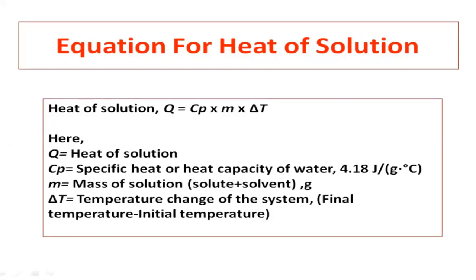It is 4.18 joule per gram per degree Celsius. M is the mass of solution, and ΔT is the final temperature minus the initial temperature.